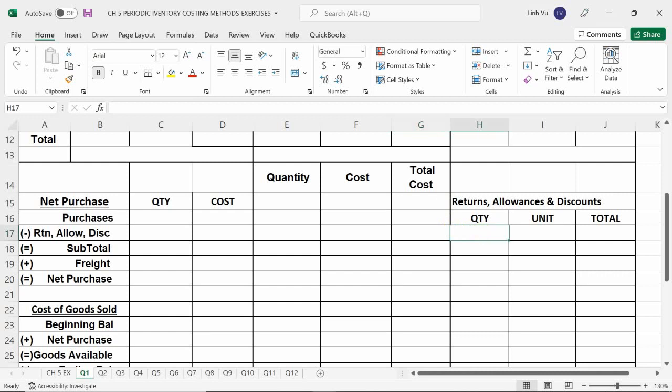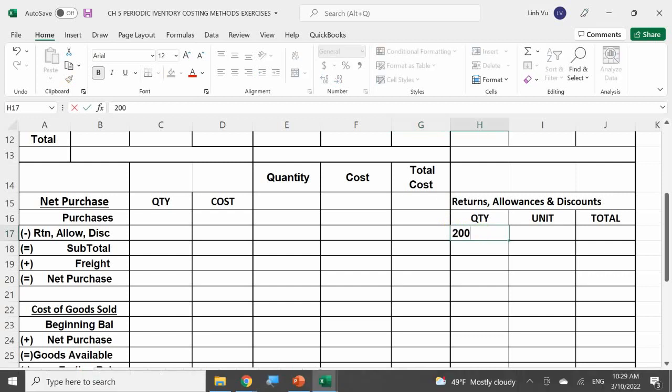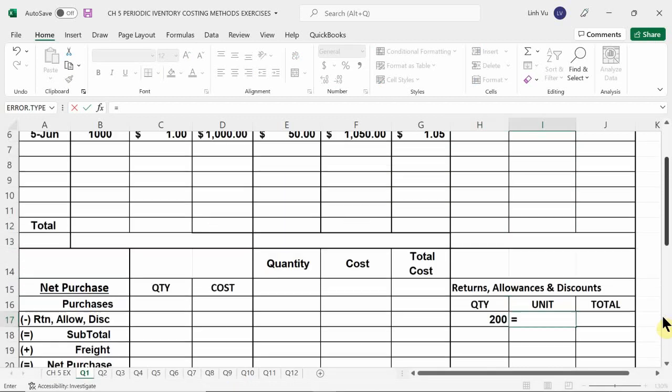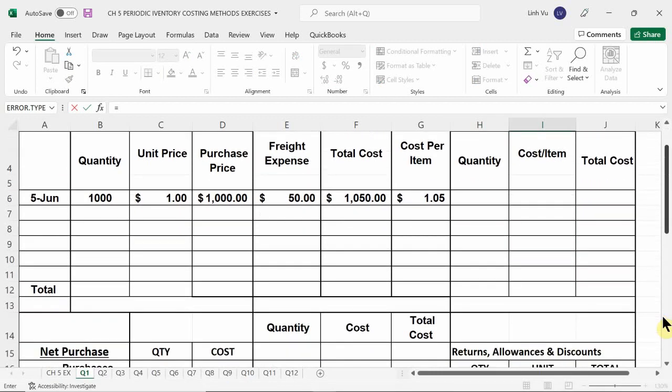So in this case, I end up returning 200 toys, right? How much did it cost me per toy? In this case, I only have one batch of inventory, right? We established that it's not $1.05 because that includes the $50 freight.